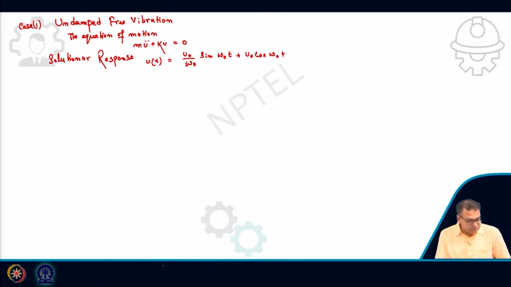That is the equation. Now, what is omega 0? Omega 0 is the undamped natural circular frequency.